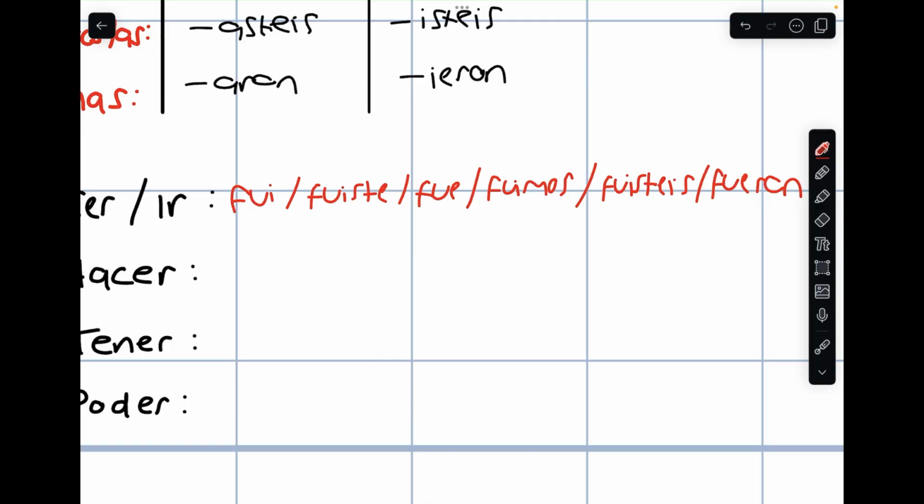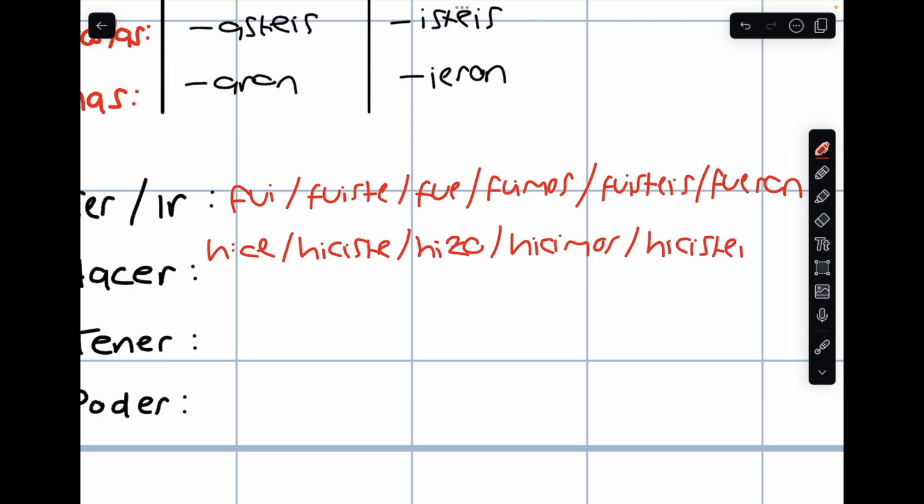Now, hacer becomes hice, hiciste, hizo with a Z, hicimos, hicisteis, and hicieron. So if we were to translate these, we'd have I did, you did, he, she did, we did, you did, they did.